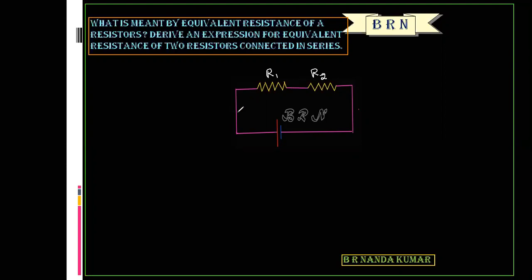If they are connected in series, 2 points are very important: the current flowing through each resistor is the same, the potential difference across each resistor is different, and the net potential difference across the series combination is equal to the sum of potential differences across the individual resistors.